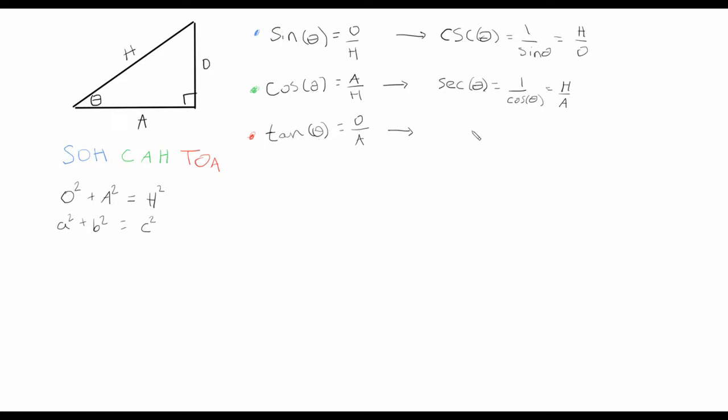Again, we're just flipping it upside down to get our other trig functions. If we flip tangent, that's an easy one. That becomes cotangent. Cotangent is 1 over tangent, or adjacent over opposite. That's usually not how we'll see it written.